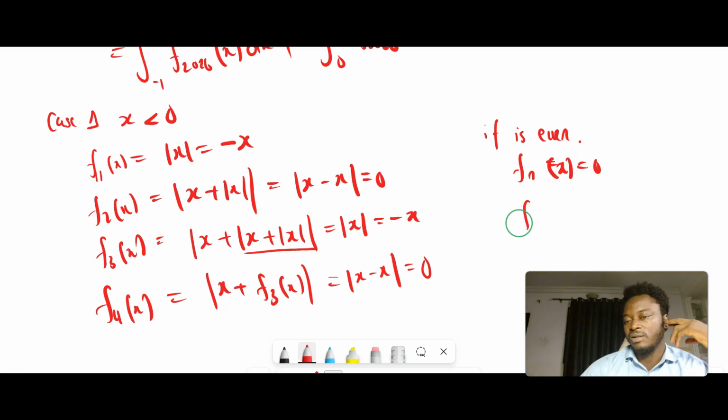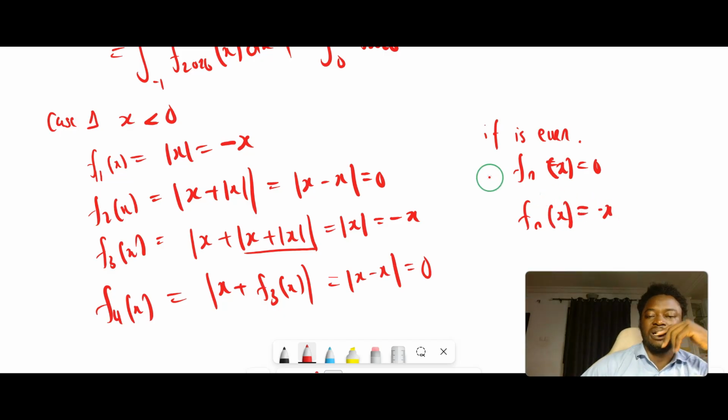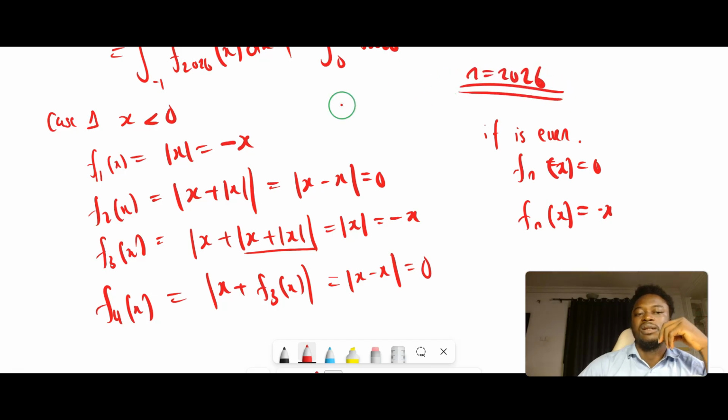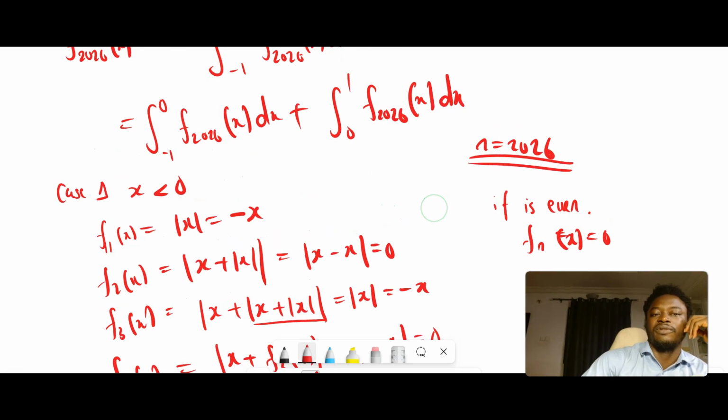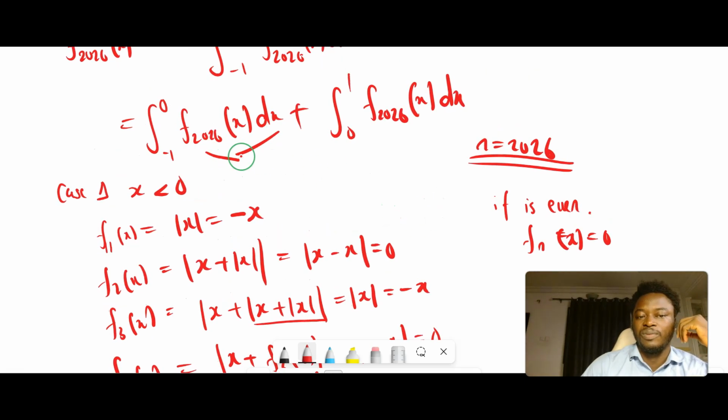Then if n is odd, f sub n of x would equal negative x. Now n is even, n equals 2026. So basically, if x is less than 0, everything will become 0. So this first integral actually boils down to 0.